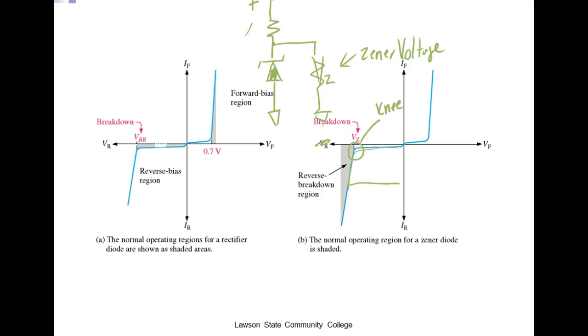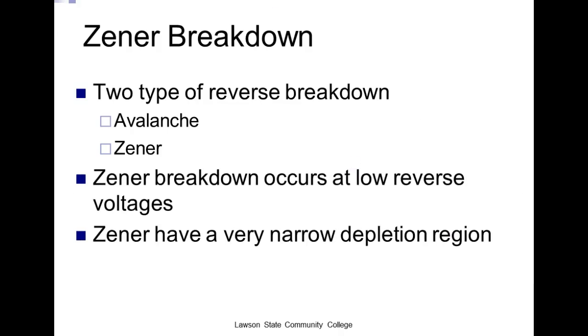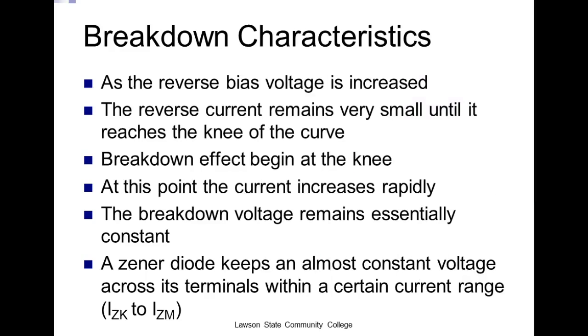Now, to make this thing regulate, we need to operate it at more current, above the knee. If it gets down to the knee, then that voltage is going to change a lot. Breakover begins at the knee.